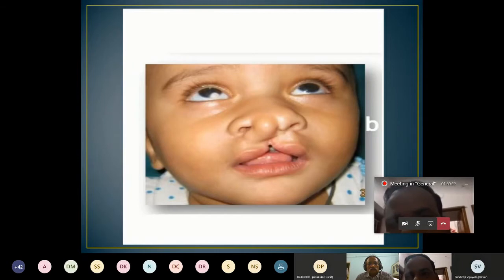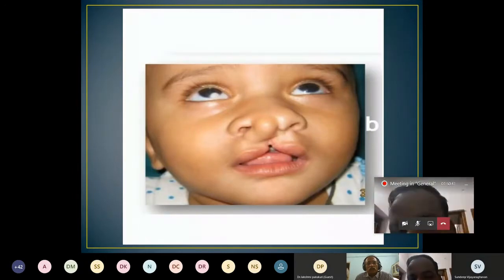Zero cleft is usually associated with some anomalies in the brain. So I want to take a CT scan of the head, and to rule out any spine abnormalities, I want to take a CT or MRI of the neck.